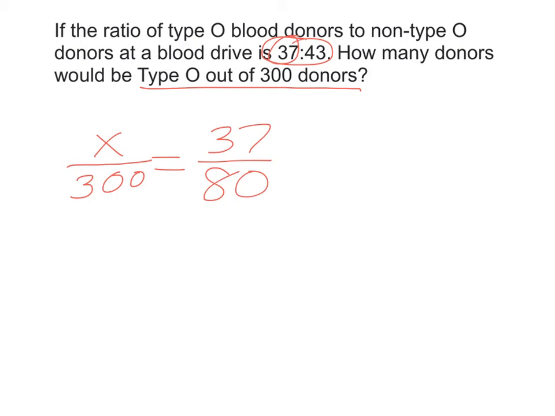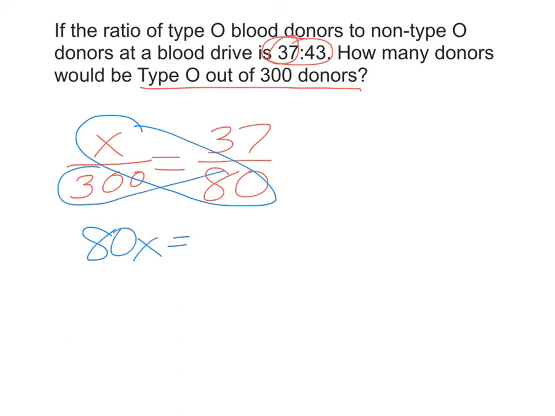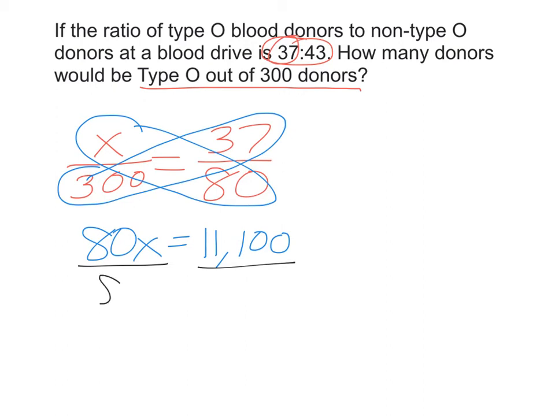Now cross multiply. x times 80 is 80x. 300 times 37 is 11,100. If I divide both sides by 80, I get x is equal to 138.75.